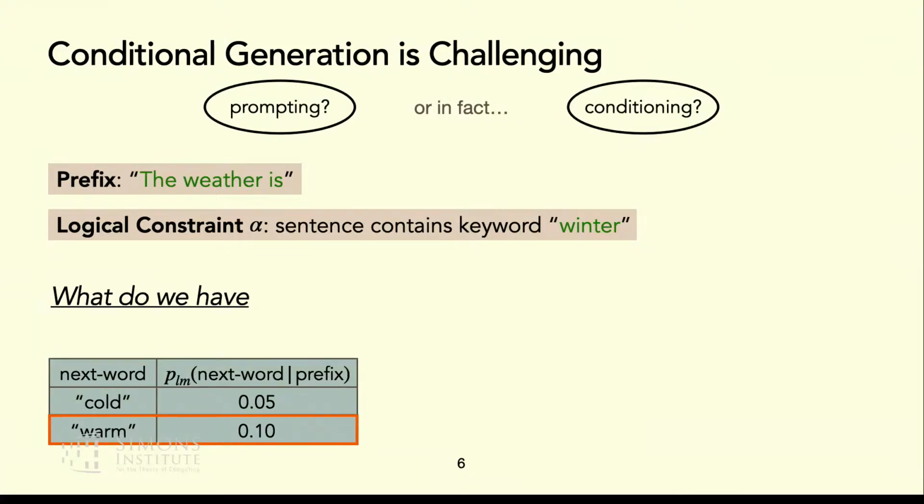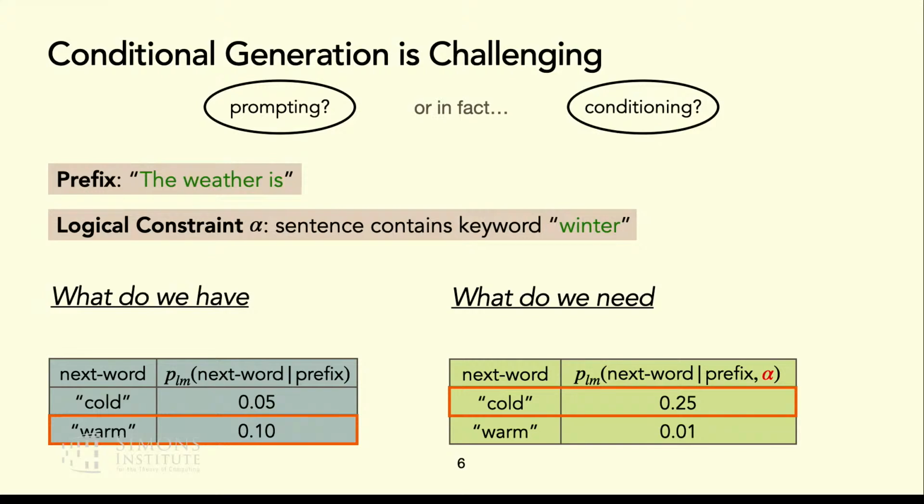But what we actually need is this conditional next word probability, right? We want our sentence to satisfy the constraint, to contain winter. And intuitively, if we want winter to be in the sentence, the weather is more likely to be cold.